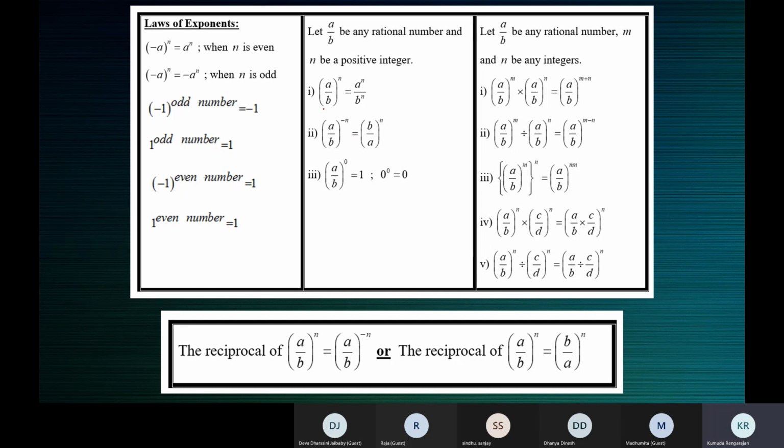Now here what you see is A by B, where A by B is a rational number, A by B to the power n, n is any positive integer.